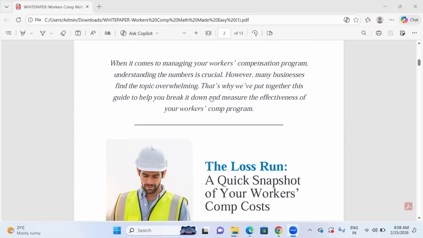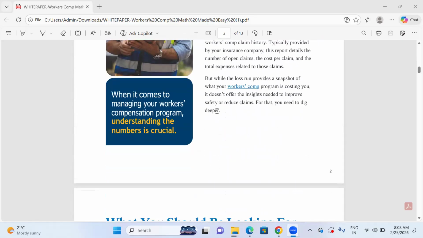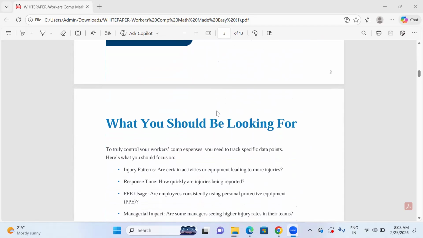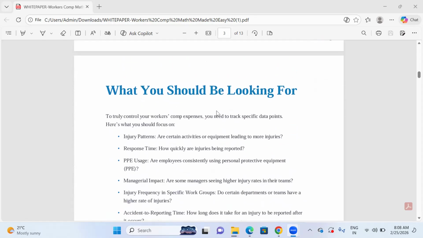So workers' compensation programs are very important, to minimize whatever risk is identified and to keep the workers and their families safe.